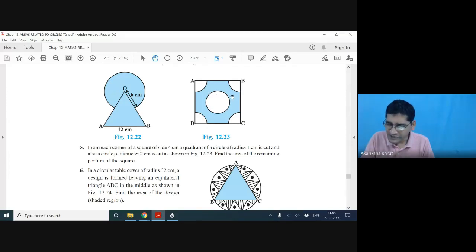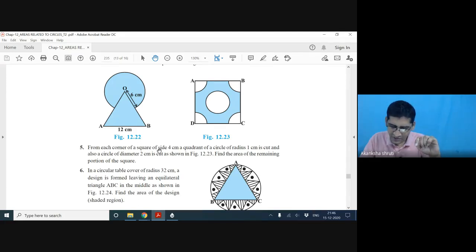Are you getting? For the circle at the center, the diameter is 2 centimeter, means the radius is 1 centimeter itself. And for the corner circle also the radius is 1. So these two circles are identical. Cut out, find the area of remaining.